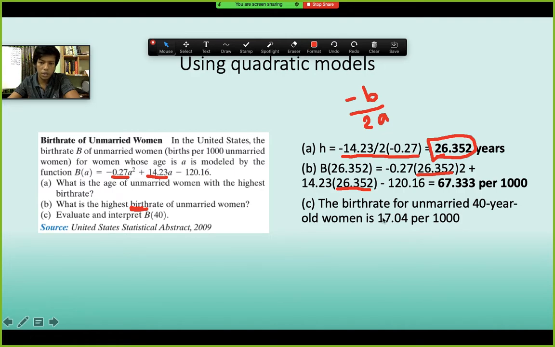Do the calculation, and after calculation you will see the answer will be 17.04. So for 40-year-old women, the birth rate is 17.04 per thousand unmarried women. This is some statistical thing, so let's not debate that.